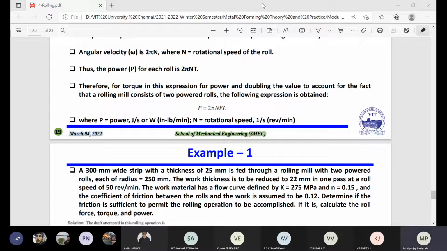So you have to find out the draft D, equal to 3 mm. Then you want to find out the maximum draft, which is equal to mu squared R. Mu is given as 0.12, R is given as 250. So 3.6 mm is the maximum draft.